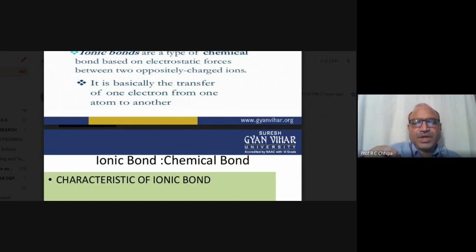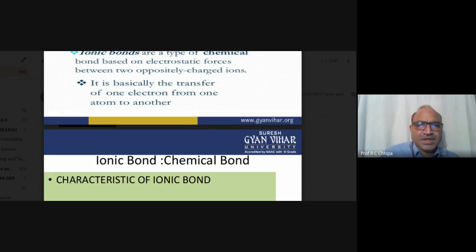Sodium itself loses, transfers one electron, and when the electron is transferred, the chlorine gets the electron and becomes the chloride ion, the chlorine anion. The chlorine anion completes the octet.